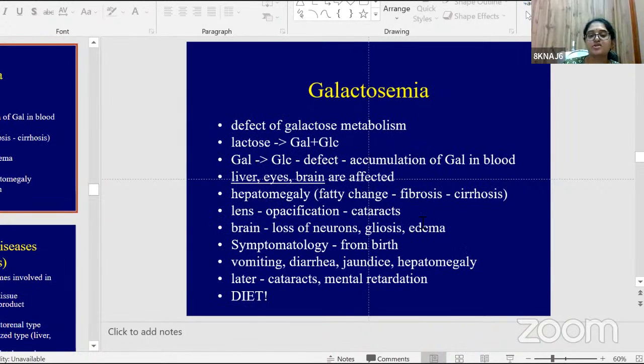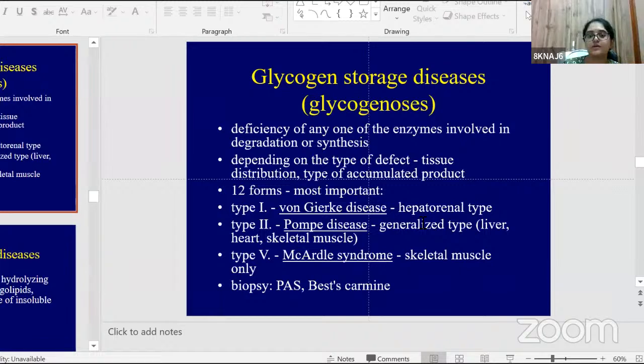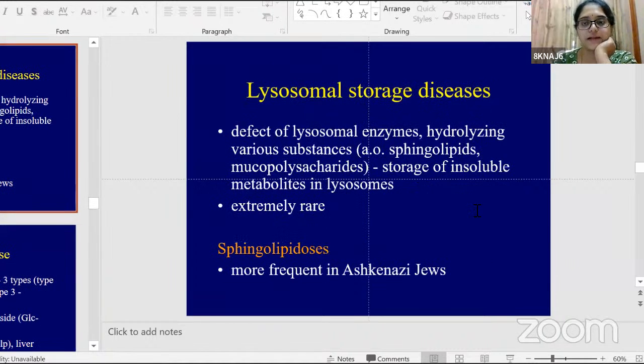Galactosemia is also an autosomal recessive disorder. Glycogen storage diseases include quite a number of type 1s, in fact: Von Gierke, Pompe's disease, then McArdle syndrome. All of these involve deficiency of one of the enzymes. We'll come to this a little while later.